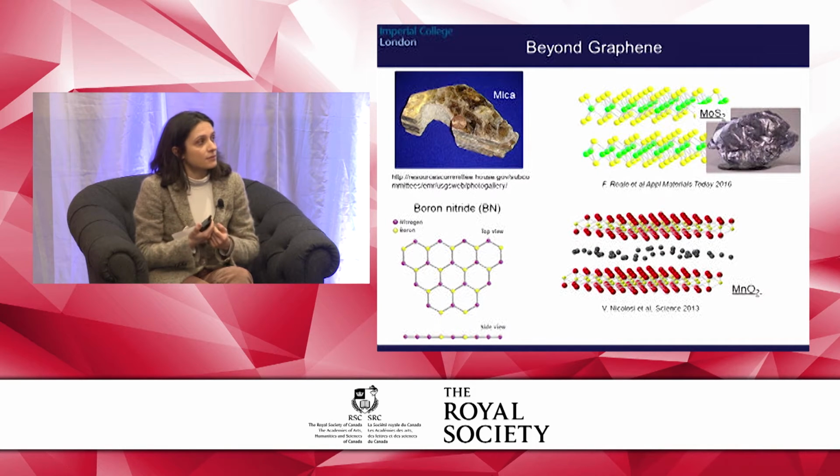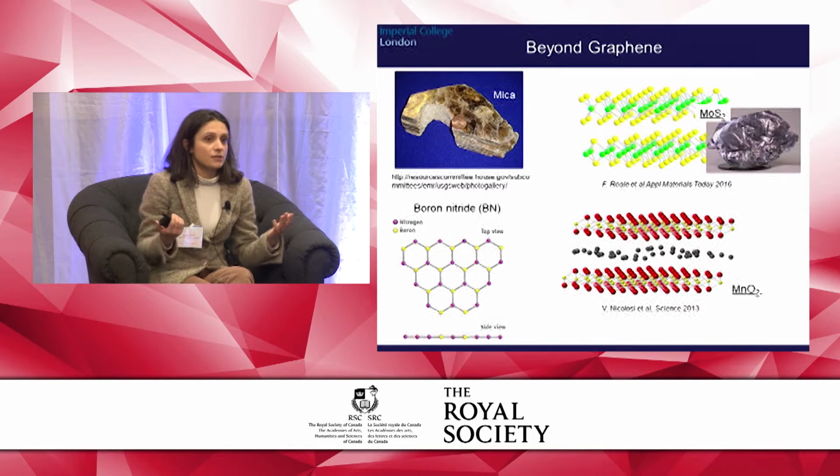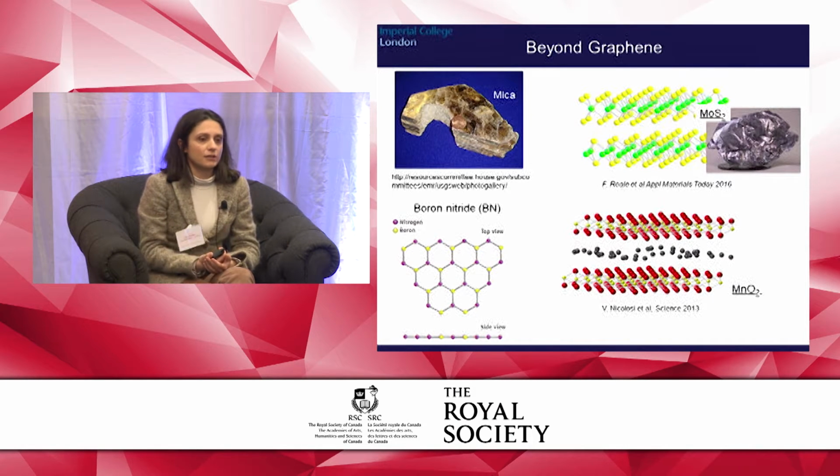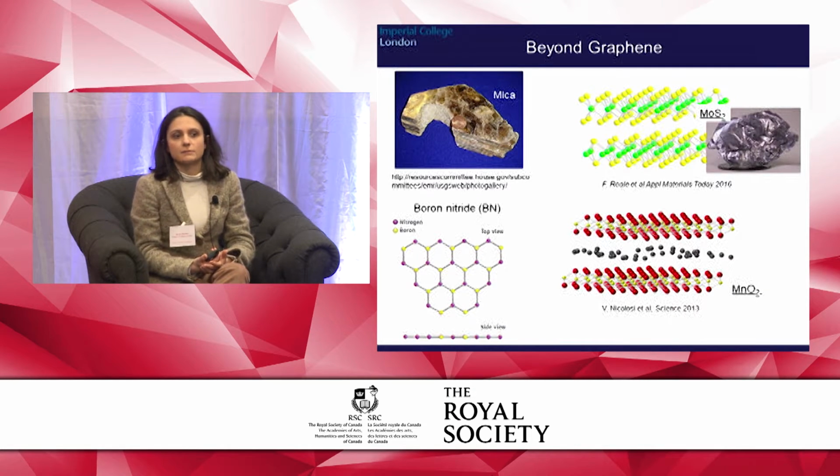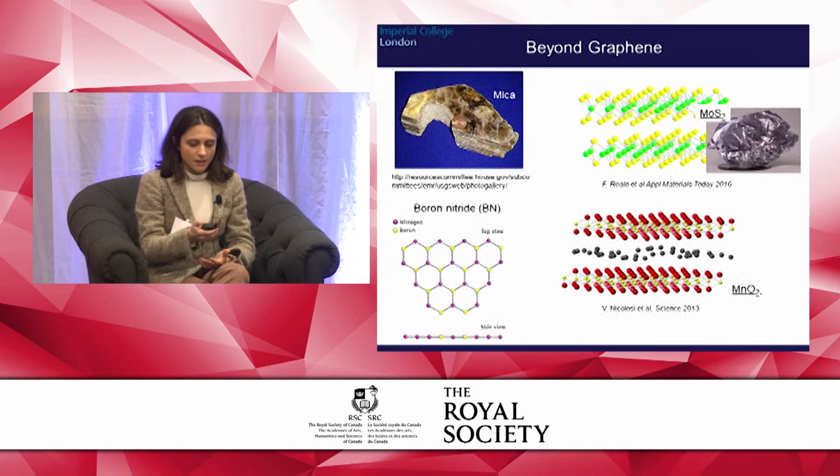Or, for instance, we can have other 2D materials that are naturally occurring minerals, such as mica. Also, molybdenum disulfide is actually a naturally occurring mineral, although maybe less known, called molybdenite.